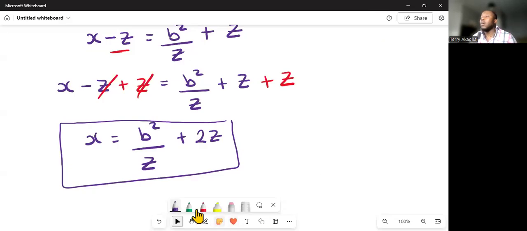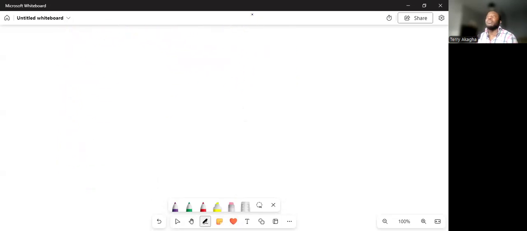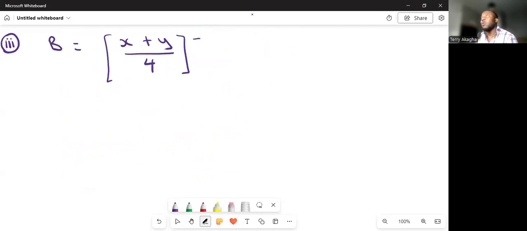All right, so let's proceed. Then the next one, we'll do number 3 now. So the next one we have here, b is equal to (x plus y) all divided by 4. Now, all this is multiplied by z. So we need to find x. To make it easy, let's get rid of this z on the right-hand side.